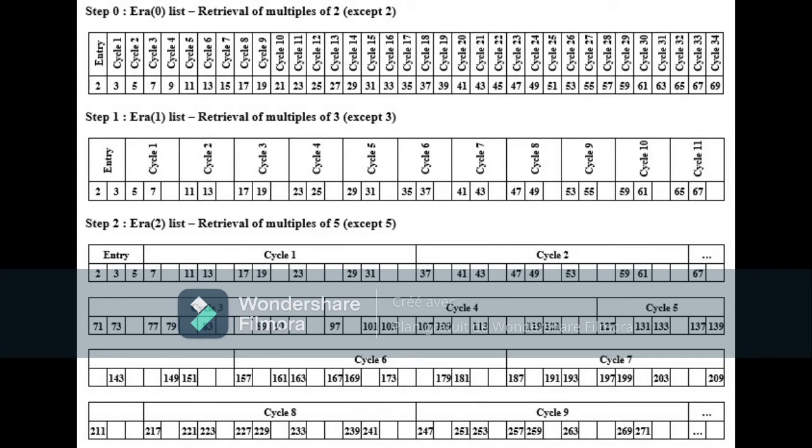So let us start now. We are going to apply the Eratosthenes sieve beginning with 2. We call entry the list of integers up to the current prime, and we call cycle 1, cycle 2, cycle 3, and so on, all the repeating pattern of integers with equal spacings that we observe after the current prime.